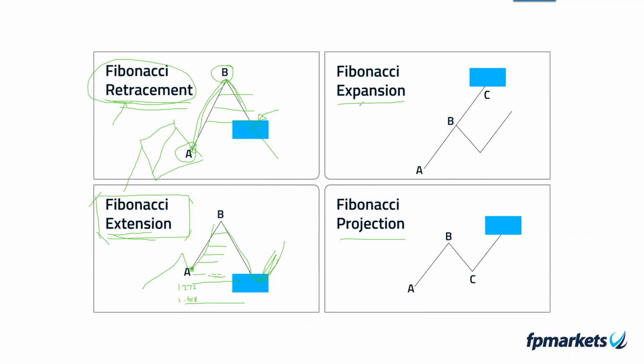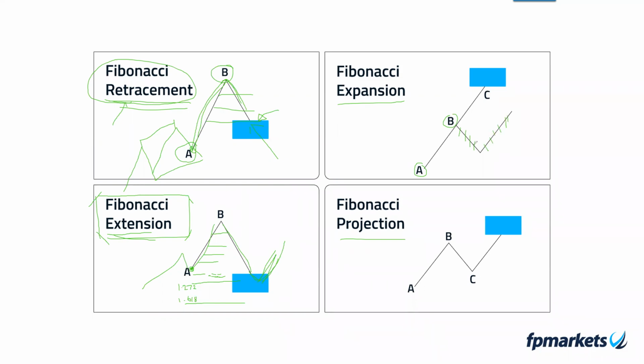Okay, so moving on, Fibonacci expansion. Fibonacci expansion really only requires 2 points, so point A and point B, same as the Fibonacci extension and the Fibonacci retracement. With the Fibonacci expansion, we do not need anything like this here. This is not required.